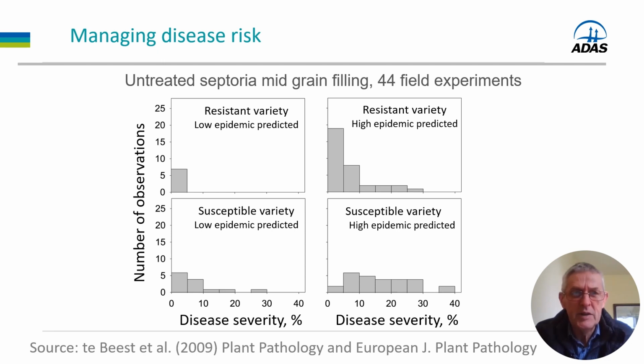Weather-related disease prediction is also not perfect, but the combination of the two is actually quite useful to help us manage the risk, because the difference between a resistant variety where a low epidemic was predicted or a susceptible variety where we were predicting a damaging epidemic, it is a pretty strong difference, and that can help us manage the risk.